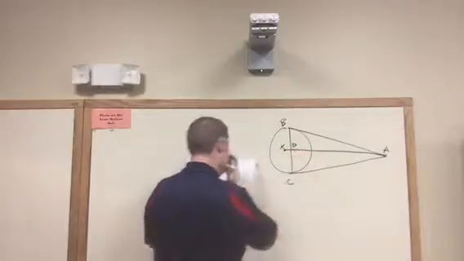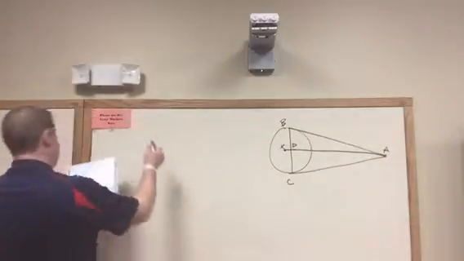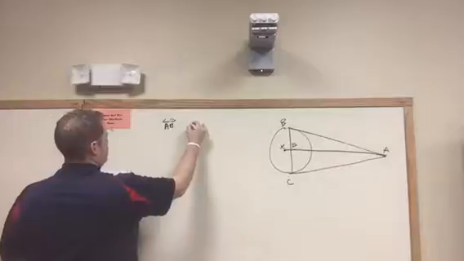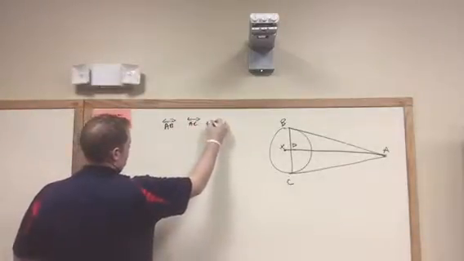Everybody see the drawing? The given: AB and AC are tangents.